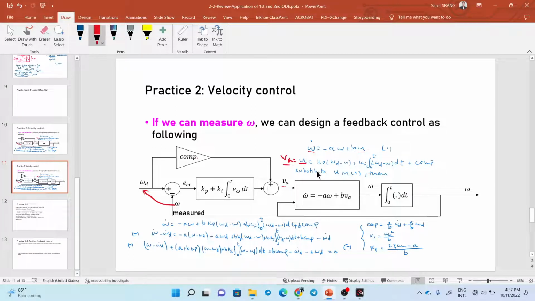And so when we design a PI controller, Kp and Ki like this, we formulate U equal to Kp times error plus Ki times integral of error, so the inside here is error, okay? And then plus compensation.